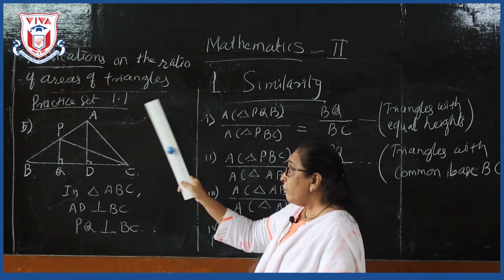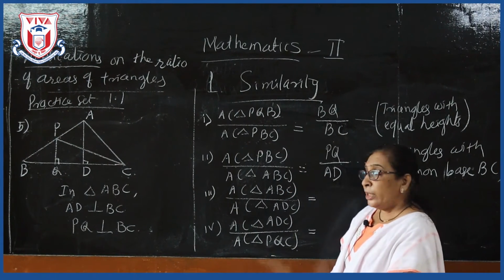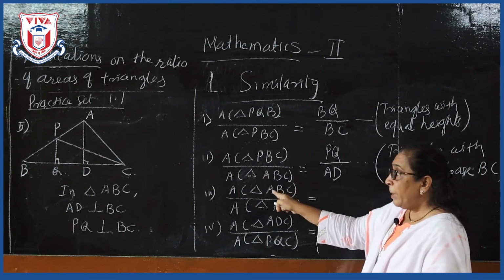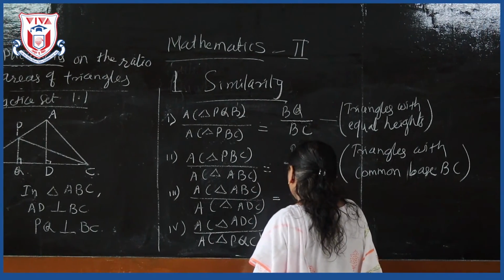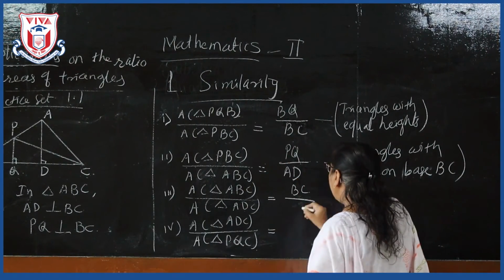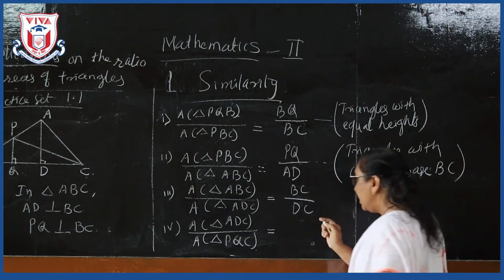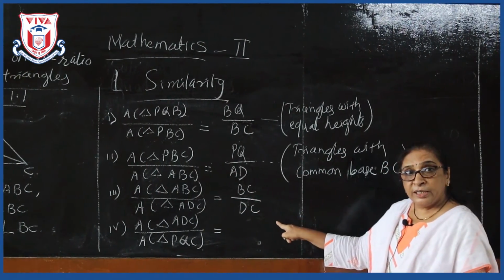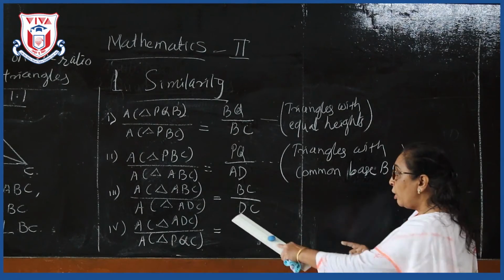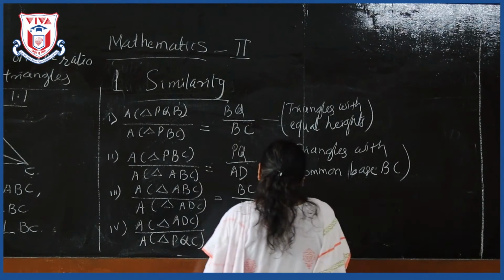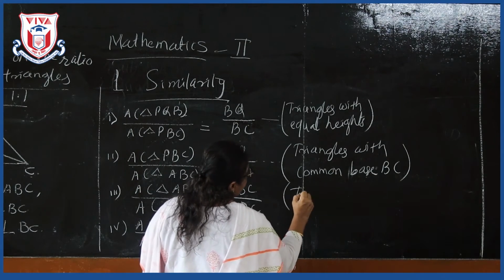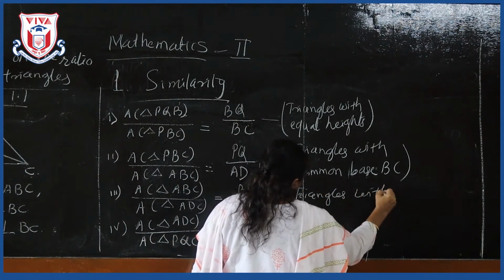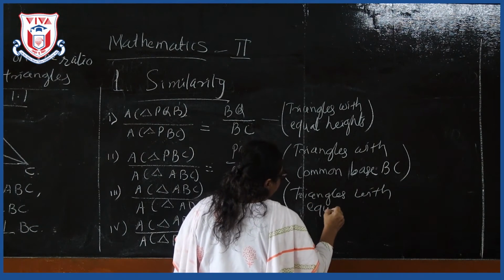That means they have equal heights, and therefore area triangle ABC, the base is BC. For triangle ADC, the base is DC. So BC upon DC. Why? Because they have equal heights. So triangles with equal heights.